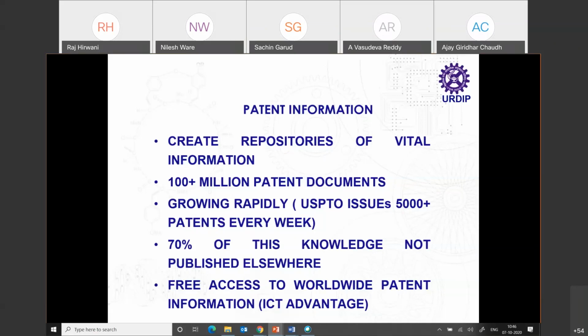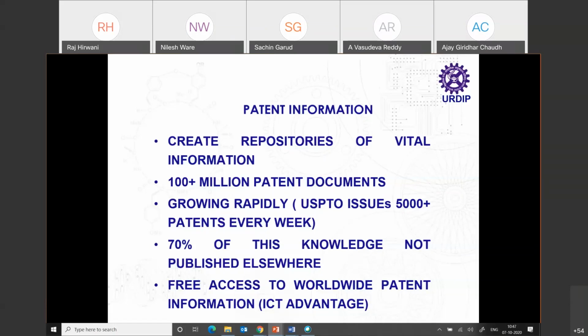It is not published anywhere else. And we are hung up on papers. With only papers, we are only looking at 30% of new knowledge; the major body of knowledge is in patents.